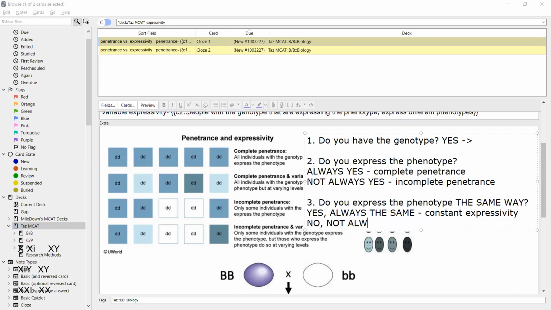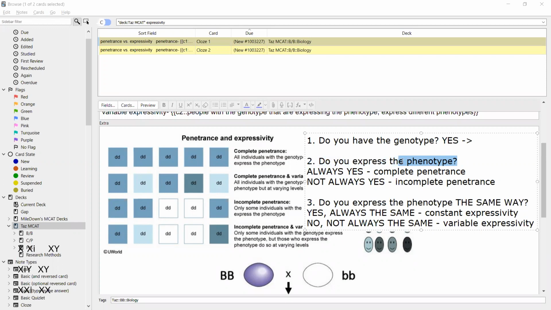No, not always the same, variable expressivity. What do you mean the same way every time? It has to be like purple or white every time? No, so purple and white is kind of talked about in question 2.